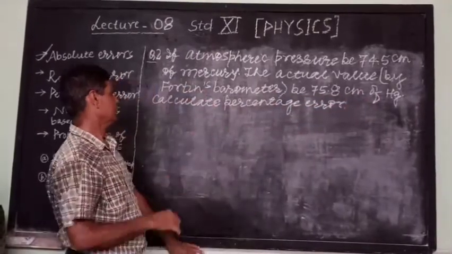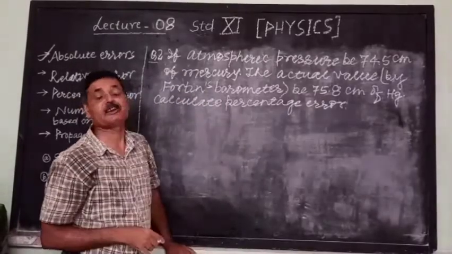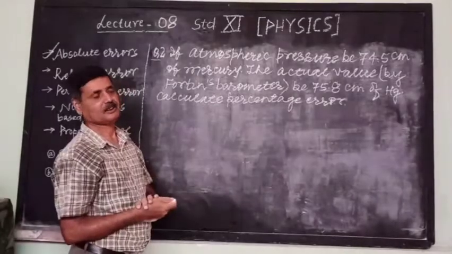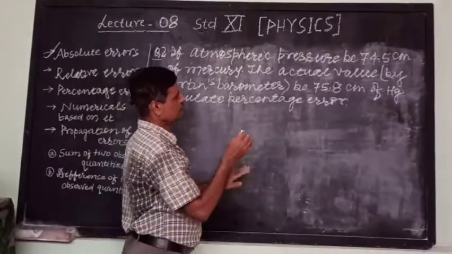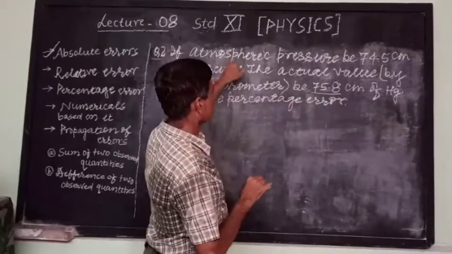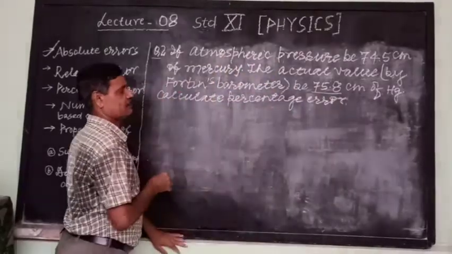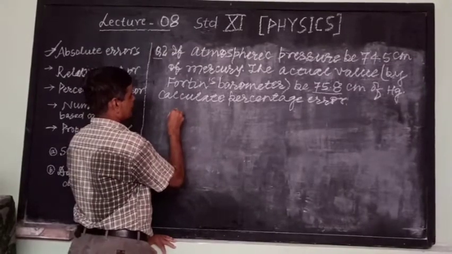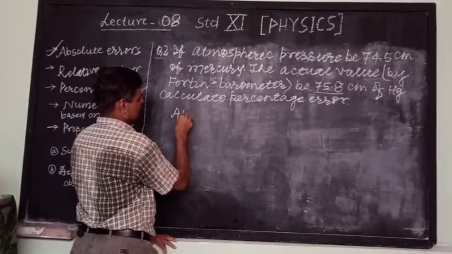We have to calculate percentage error. Actual value, that is this, and this atmospheric pressure was that. So we will calculate what will be the value of absolute error.